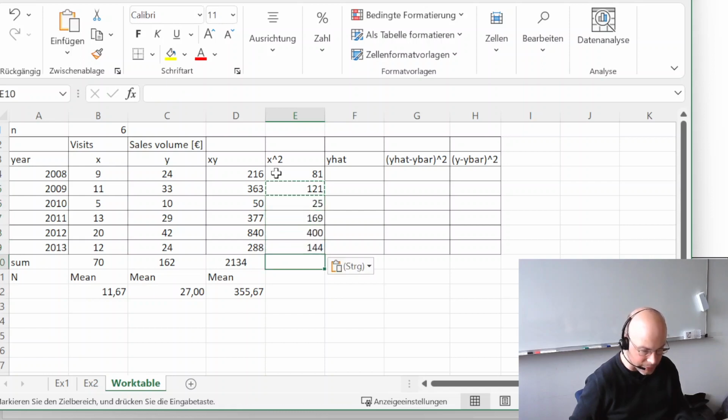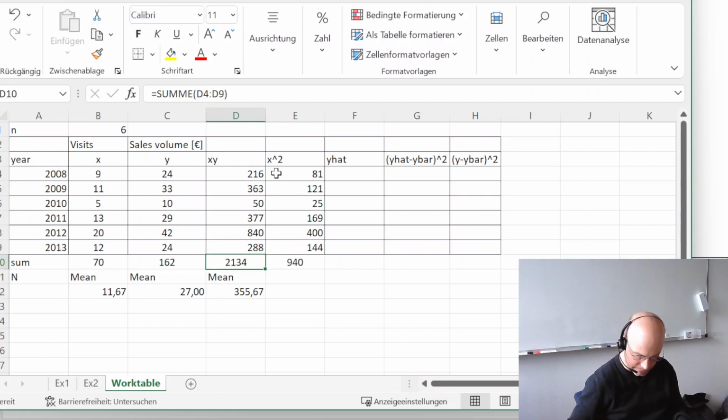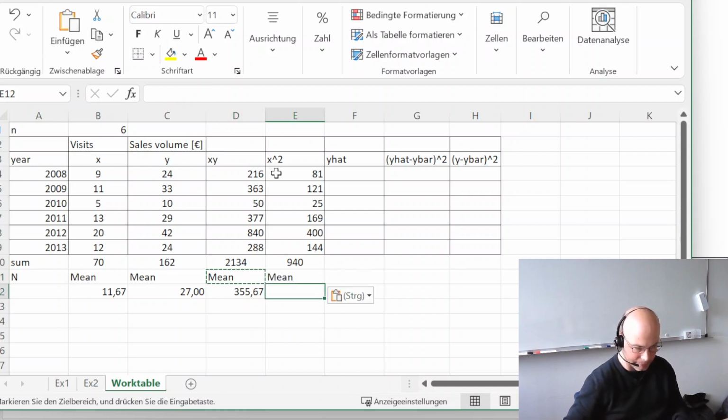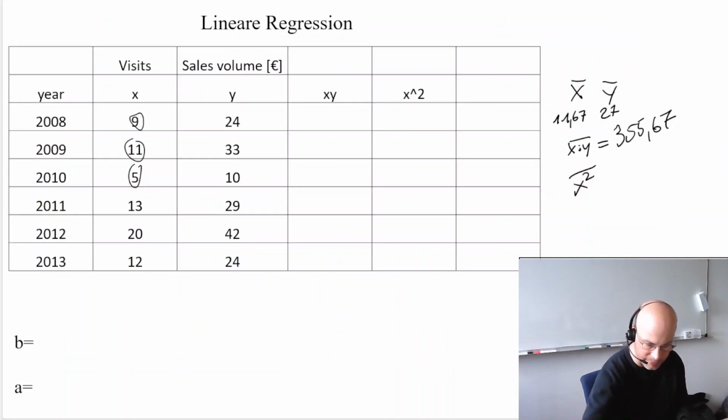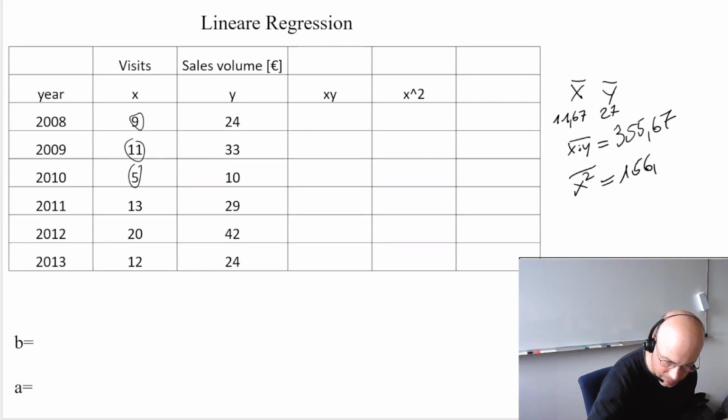We also sum this up and take the mean, so X squared bar is 156.67.